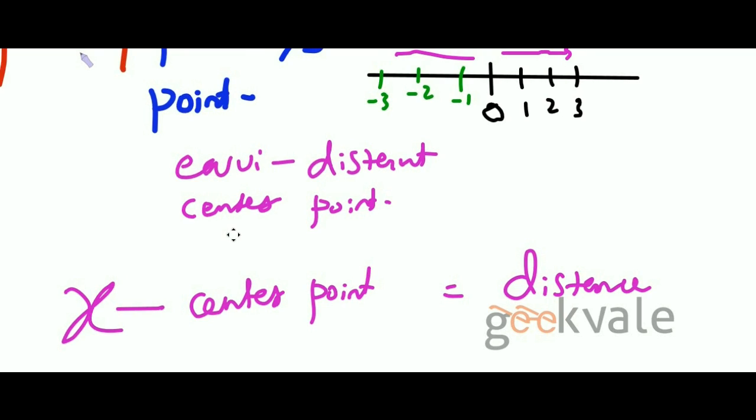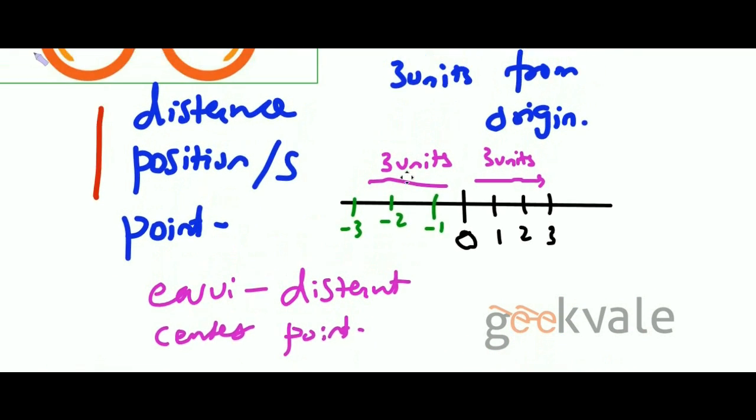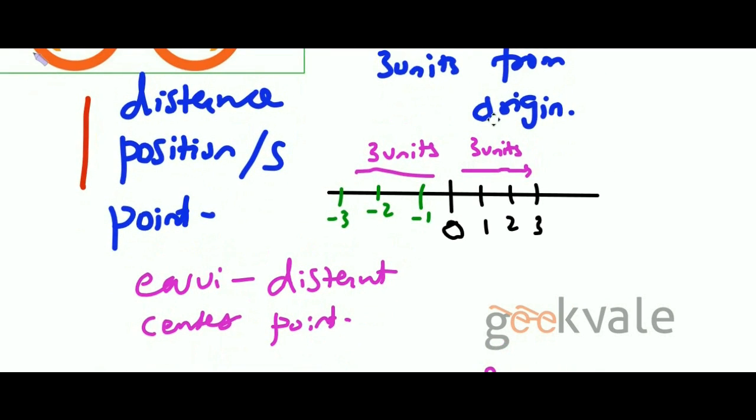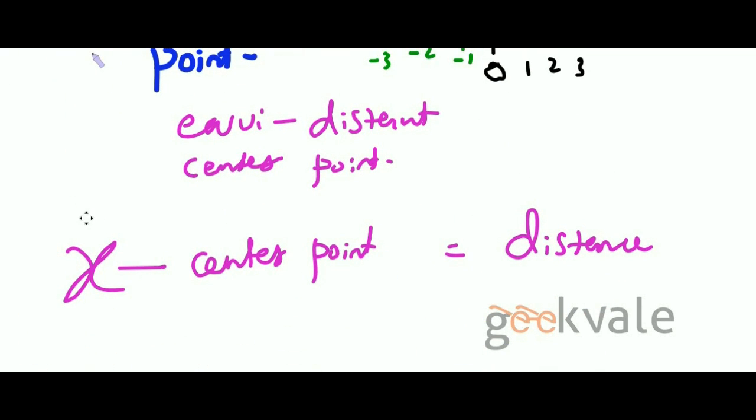For now, I'm only going to work with the absolute equations. Okay, so here, as you can see, my task was to locate the positions which are 3 units from the origin. So I have the location of the center point, I know that it's going to be origin, I know the distance, I didn't know the positions.